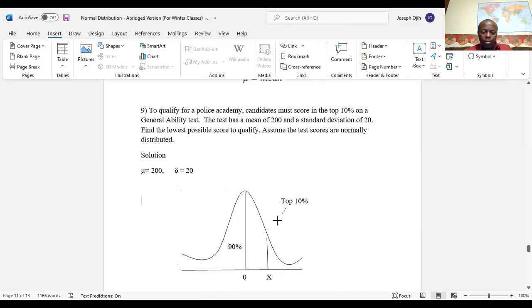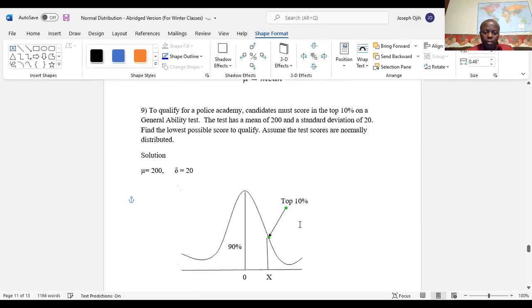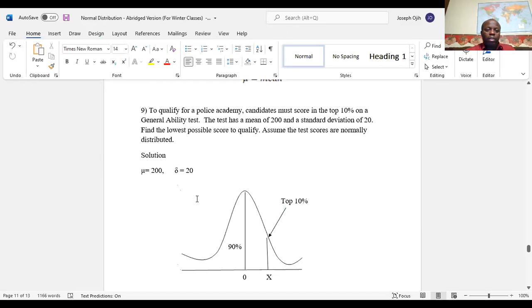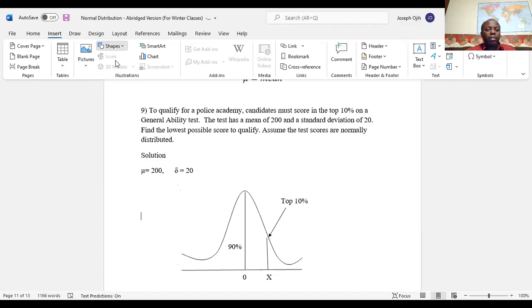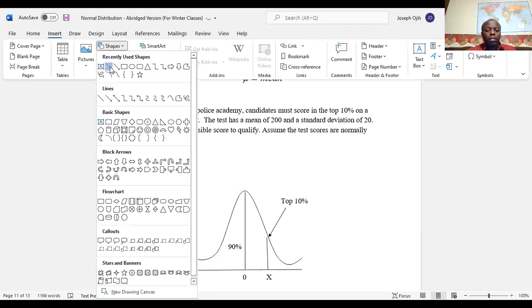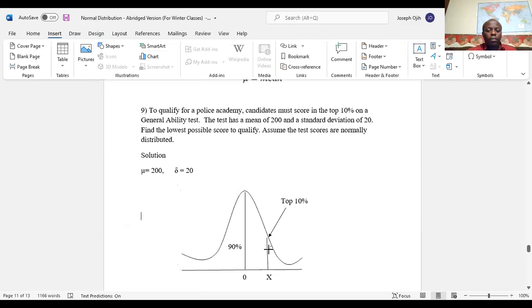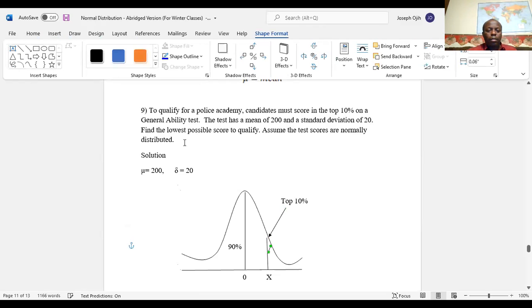So the top 10% is actually right here. Now that means you are shading this part.